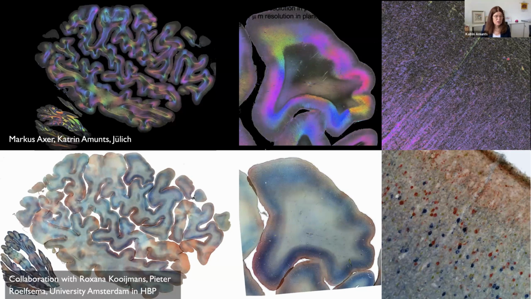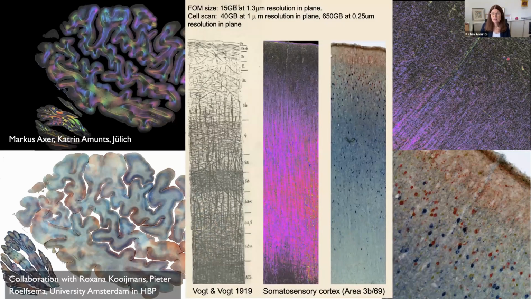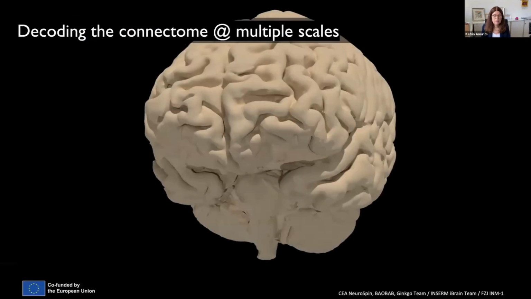And in collaboration with Roxana Koolmans from the Amsterdam University, we can then also counterstain the same section using different antibodies in order to have an even more detailed understanding of what is the axonal architecture in comparison to different cell types. And this is kind of bringing myeloarchitecture and cytoarchitecture, I would say, to the 21st century and a little bit closes the loop of what Vogt has done more than 100 years ago.